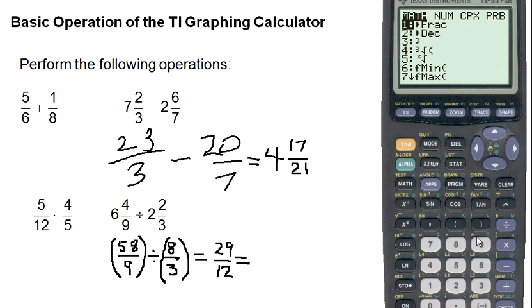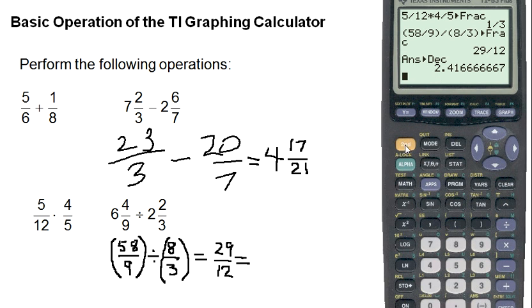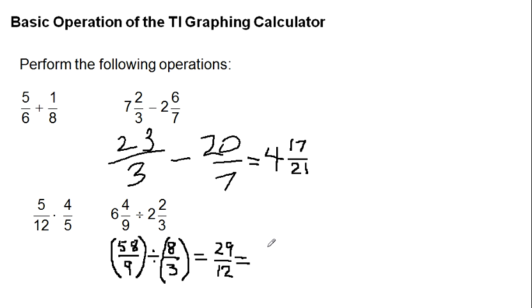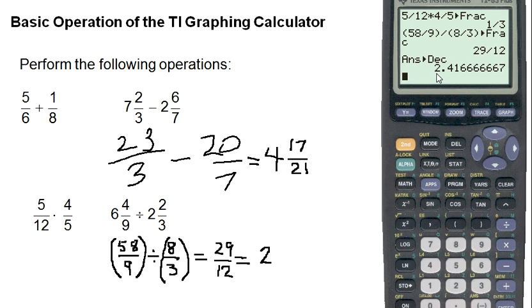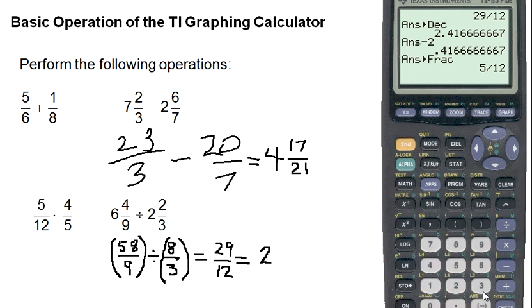Math 2 for decimal, enter. We can see it has 2 holes in it. Write down the 2. And on the calculator, you're going to subtract the 2 so that it just leaves the fraction remainder. So hit -2, enter, and you'll get the fraction remainder, which we can now change to a fraction by hitting Math 1, enter. And it's 2 5/12 then.